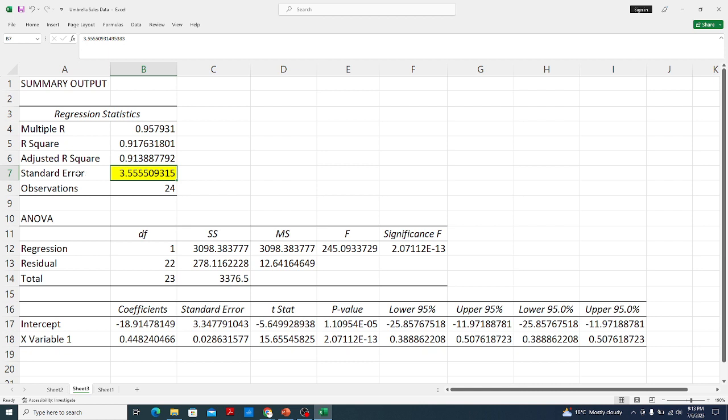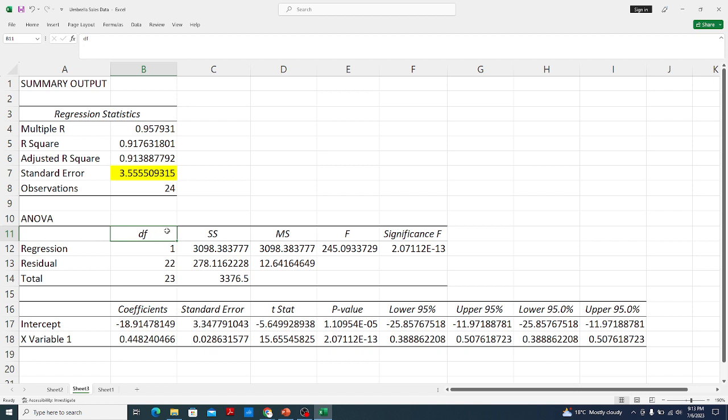So even standard error can show you how good your model is. All right. Then we have the ANOVA. For the ANOVA, we have degrees of freedom.